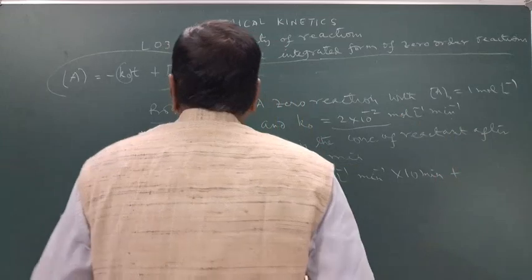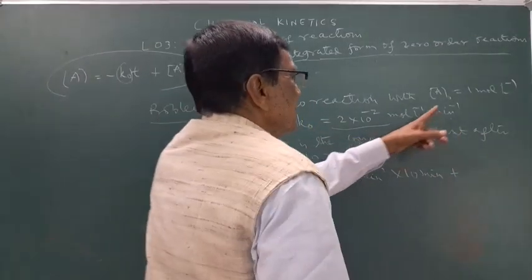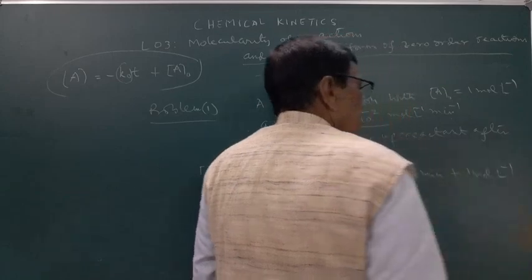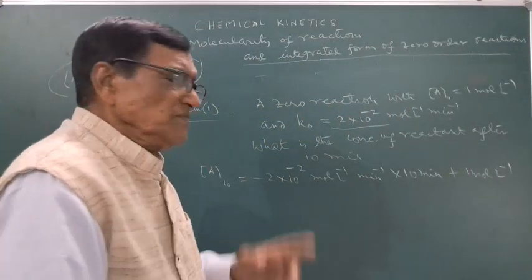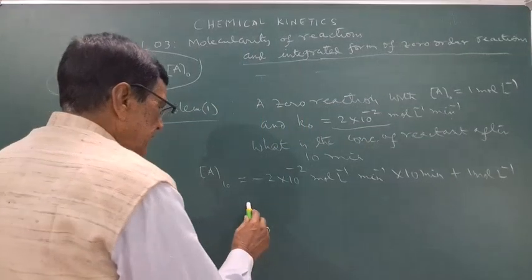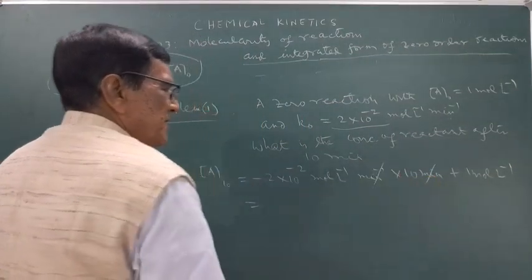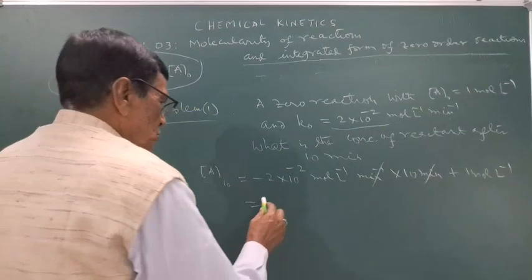plus A0, the initial concentration, is 1 mole liter inverse. So this will give you the minute inverse cancel.